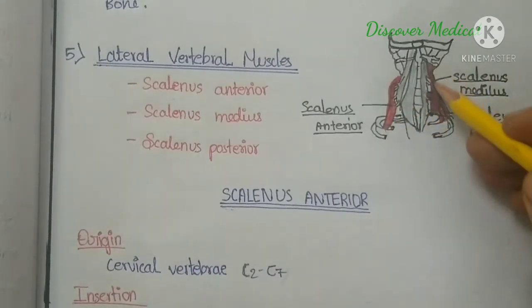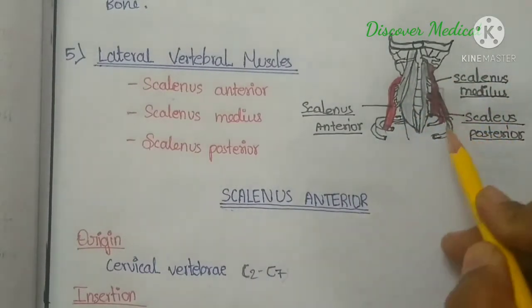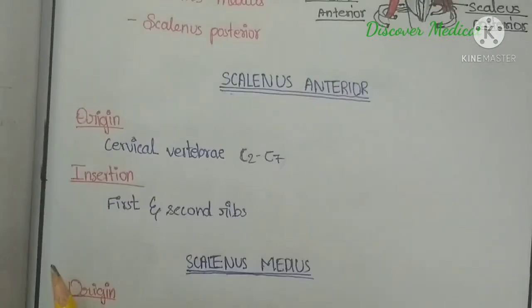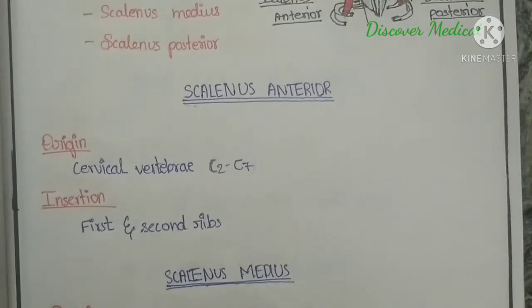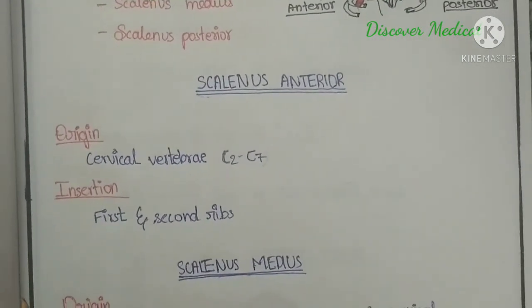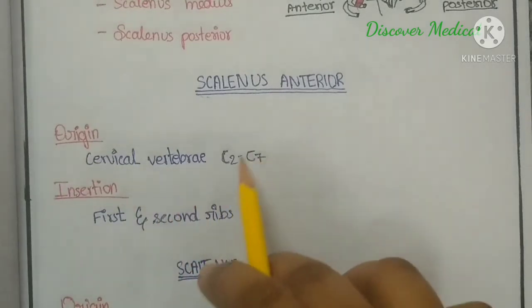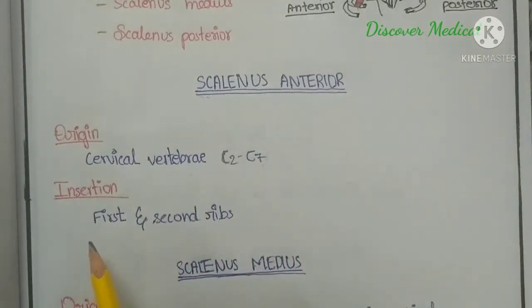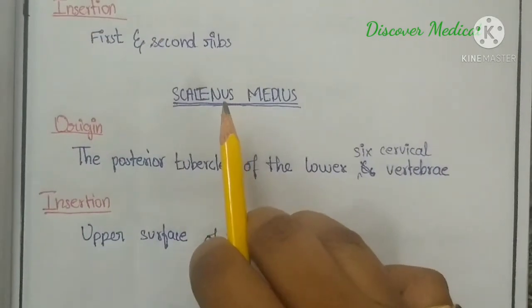Now, fifth, lateral vertebral muscles: scalenus anterior, scalenus medius, scalenus posterior. Scalenus anterior. Origin: cervical vertebrae C2 to C7, inserted at the first and second ribs. Now, scalenus medius.